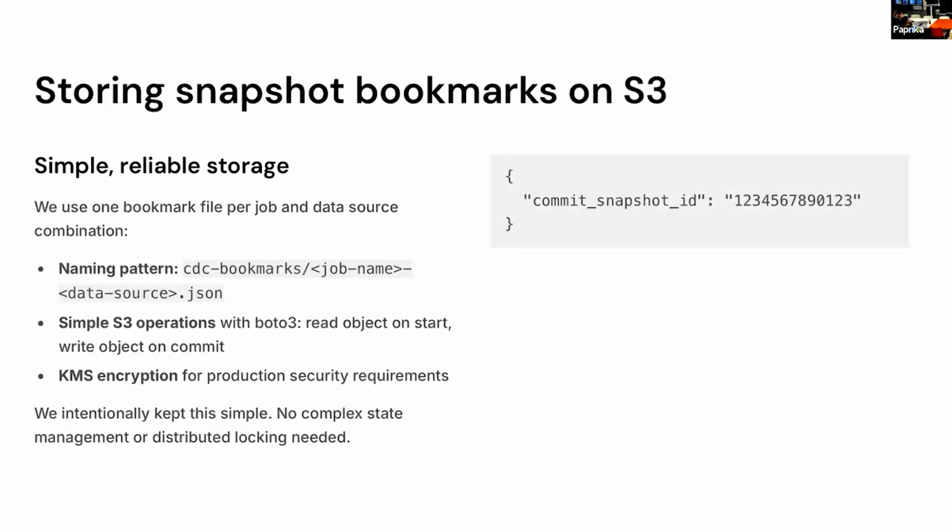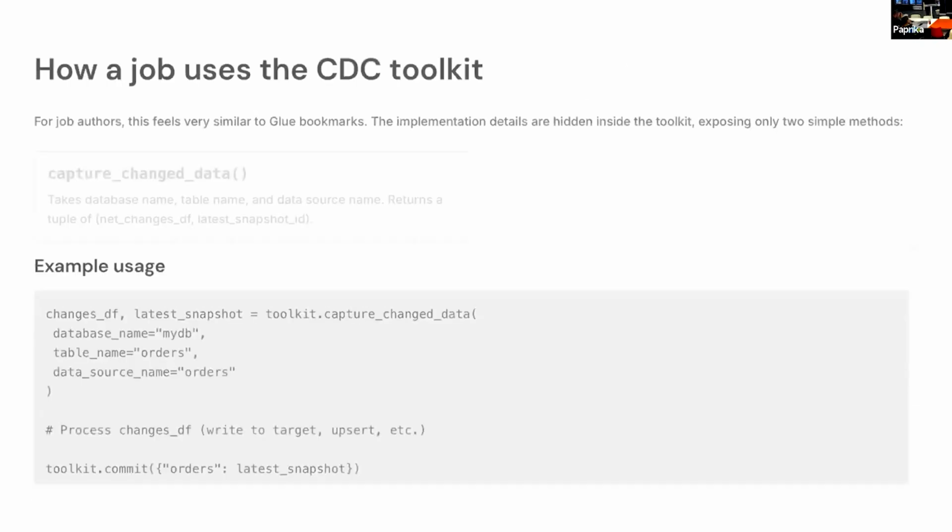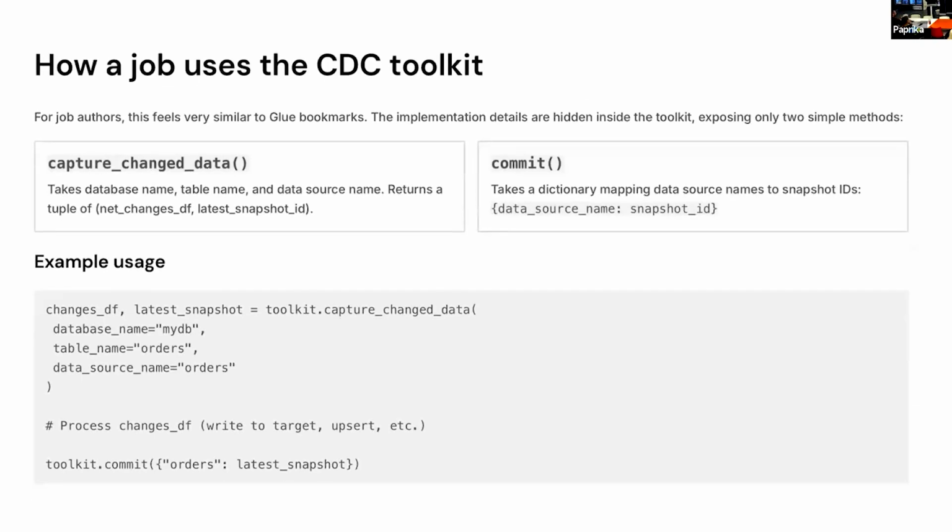How we store the snapshots currently is on S3, just a simple enough, stupid enough solution. We save the committed snapshots per data source, and we use Boto within Spark for that.